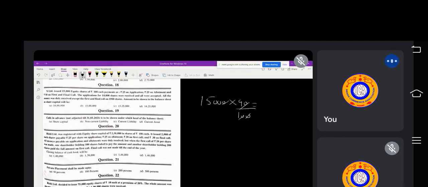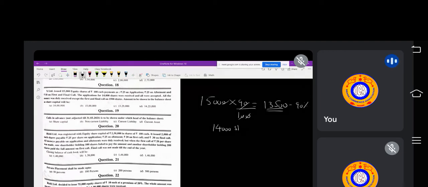So what is 90% of 15,000? It is 13,500 shares. So first you ensure whether you have got that 90%. Yes, 13,500 is our 90% shares. But we have received 14,000 shares. So it is good to go.